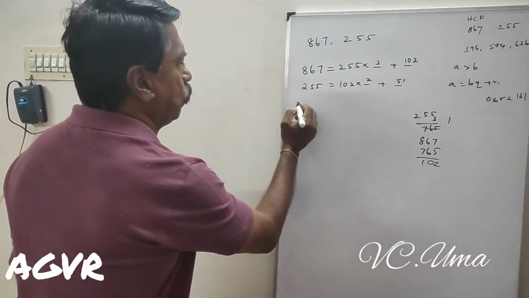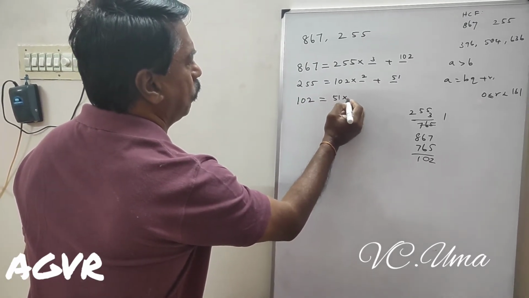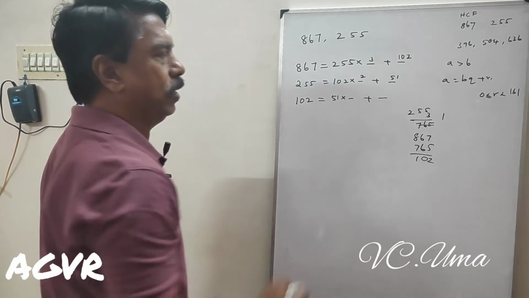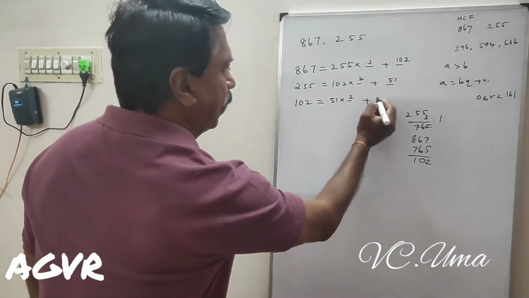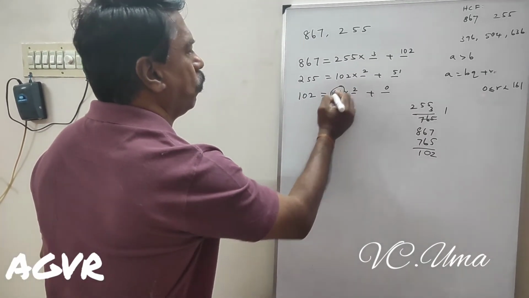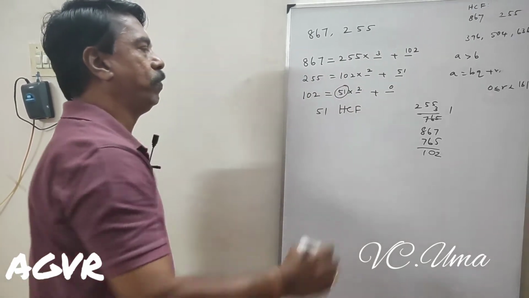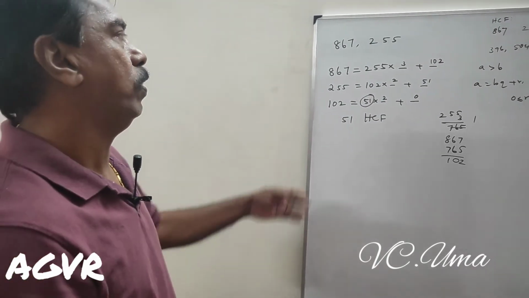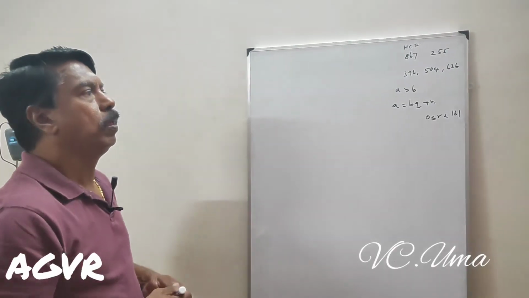Now you take 102 and 51. 51 into 2 gives 102. That time the remainder comes 0. Therefore, this 51 is the HCF of these two numbers, 867 and 255.